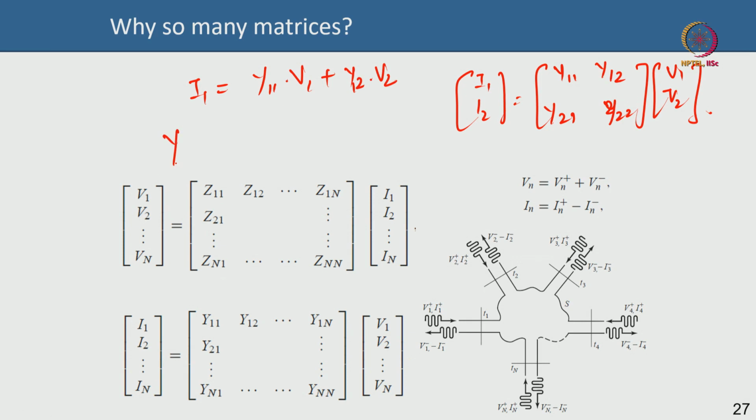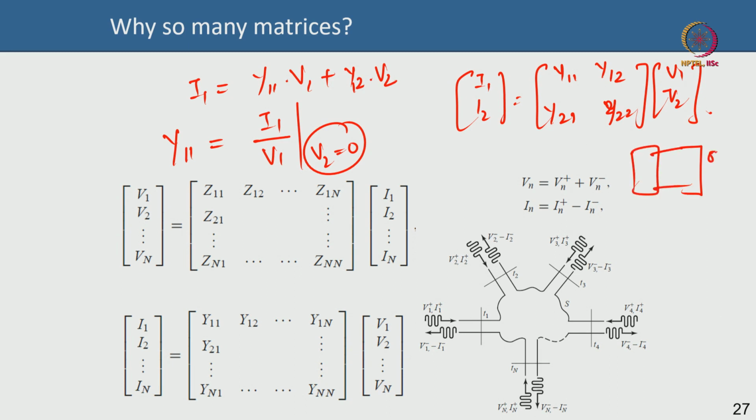Now if I want to find out the parameter Y11, it is basically I1 by V1 when V2 equal to 0. What does V2 equal to 0 mean? It means that the output is short circuited. If I make it short circuit, then the ratio of the input current by input voltage will give me Y11.